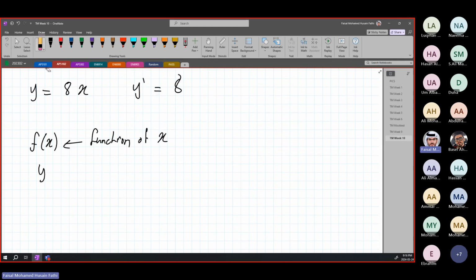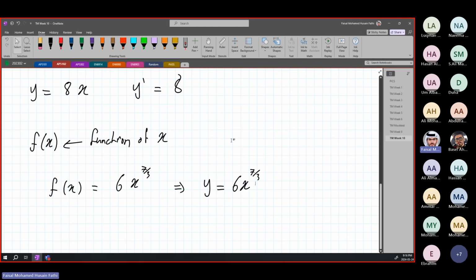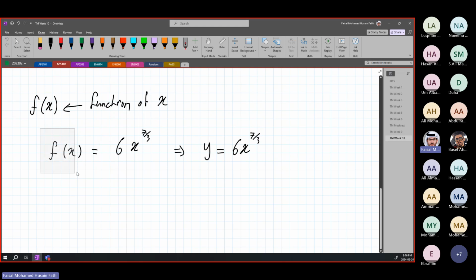If I say f of x is equal to 6x to the power of 7 over 3, and it's too confusing, you could just write it as y is equal to 6x to the power of 7 over 3. It is the same thing, but you need to get used to looking at this. This basically means it is a function of x, meaning there is an equation with a variable which is x. That's all this means.